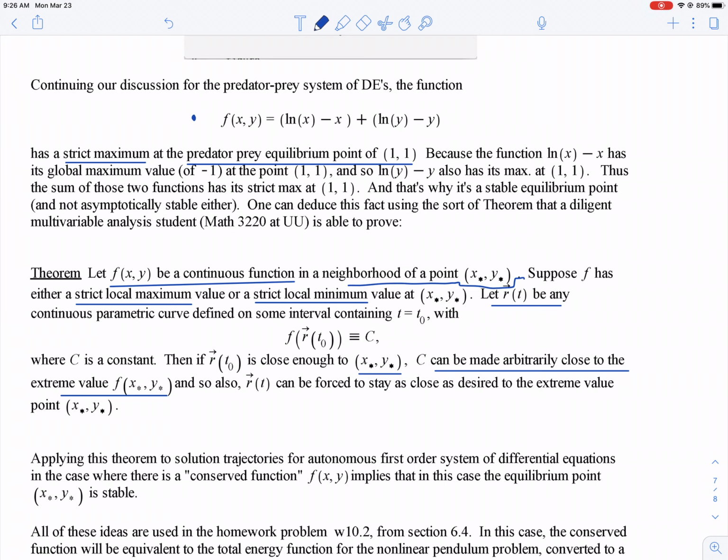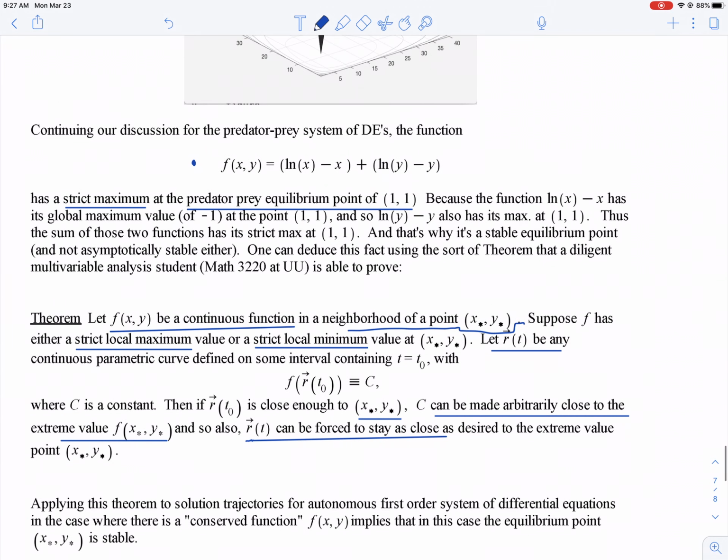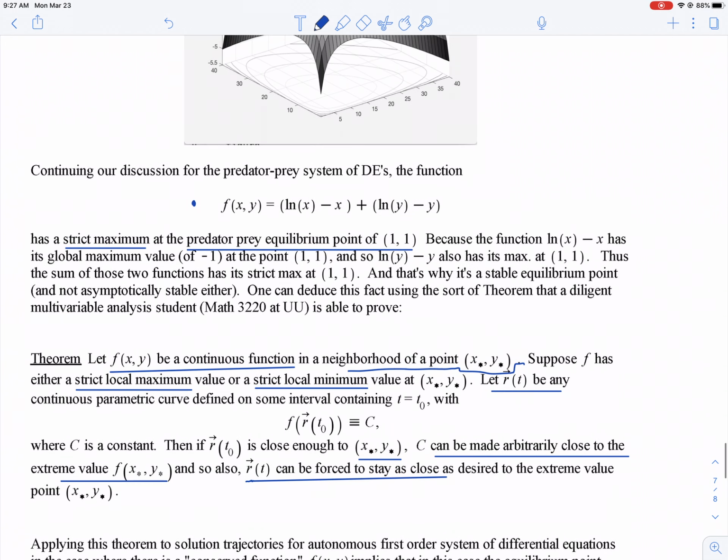And since f of R of t is constant, and because you have a strict local max or a strict local minimum, you can prove that because R of t stays on the contour, you can keep R of t as close as desired to the extreme value point, to the critical point x star, y star.